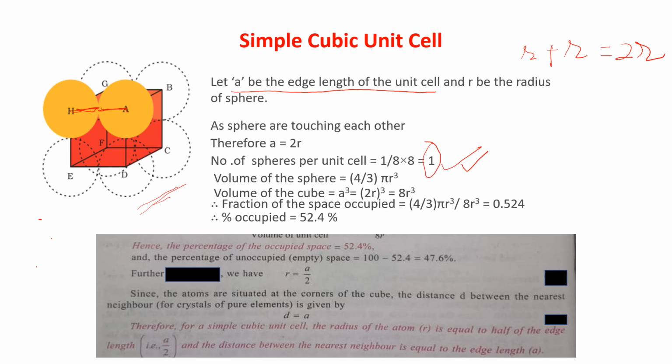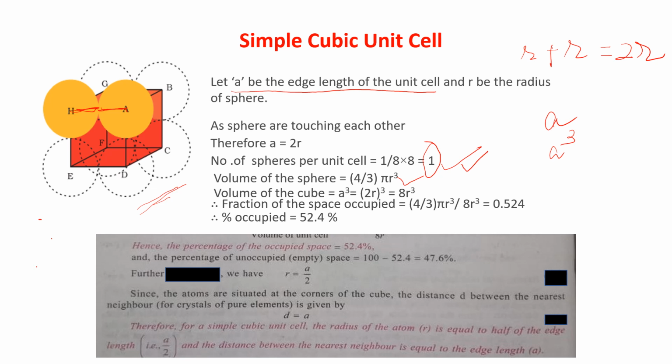So, as we are having one atom, the volume of the sphere will be 4 by 3 pi r cube. And the volume of the whole cube, with edge length a, is equal to a cube.